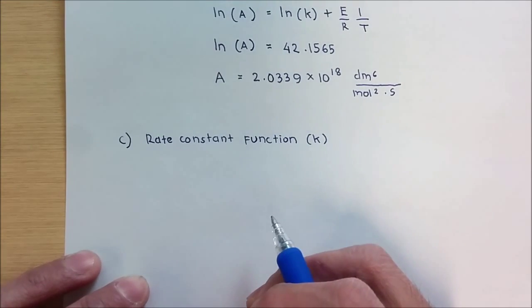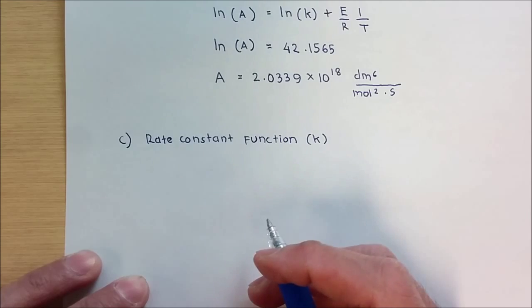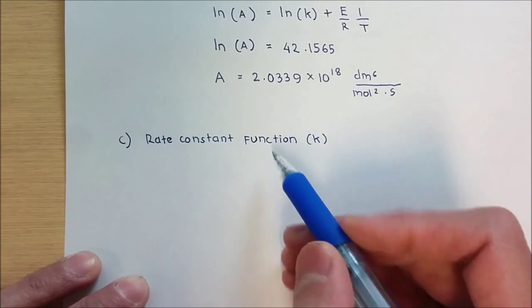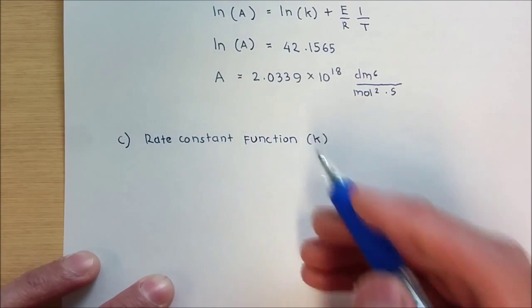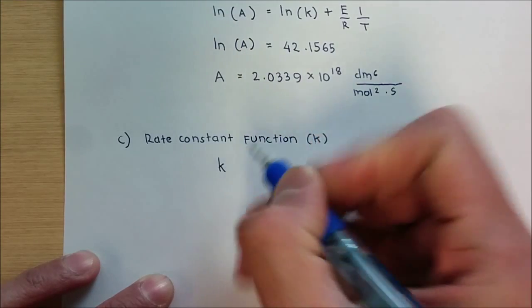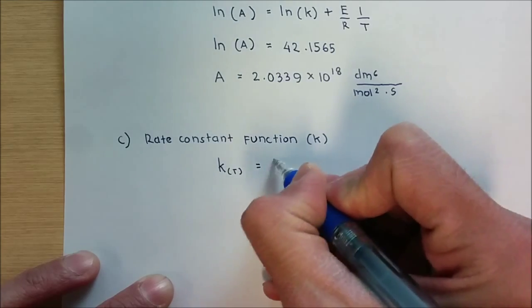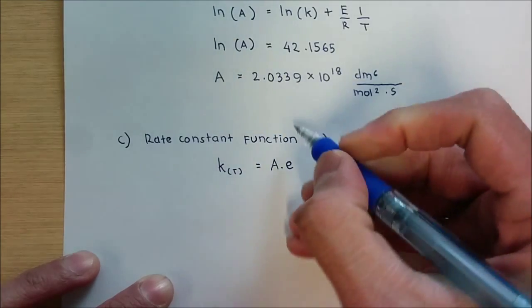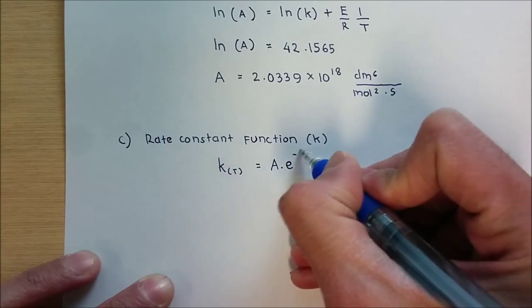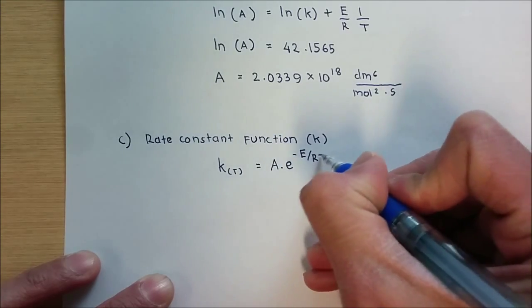The last question from question 2, which is part C, is to find the rate constant as a function of temperature, or k. So we can use the formula of k, which depends on temperature. It's going to be A multiplied by exponential of minus E over RT.